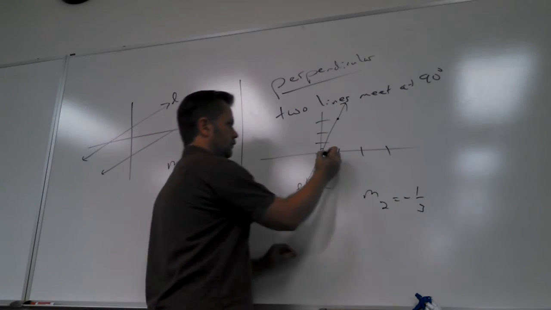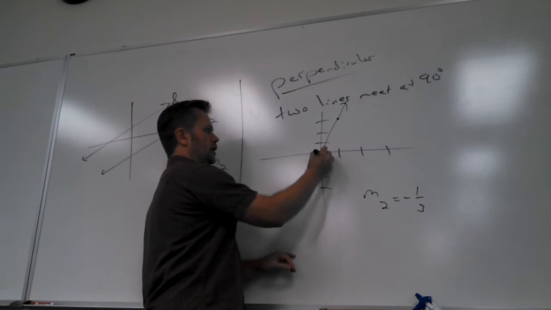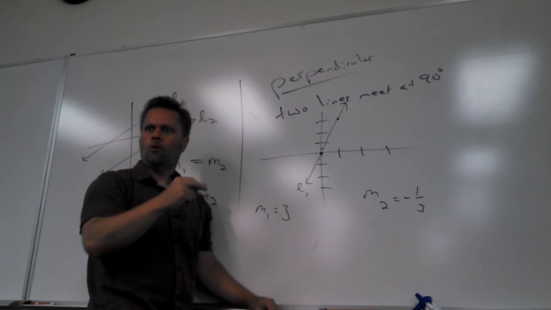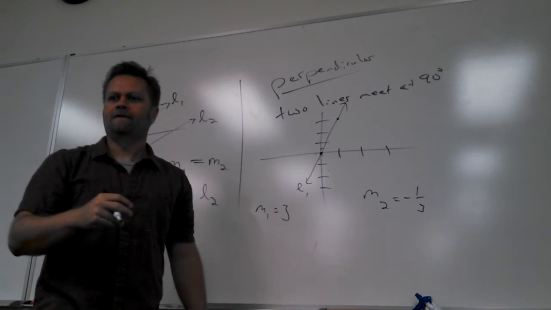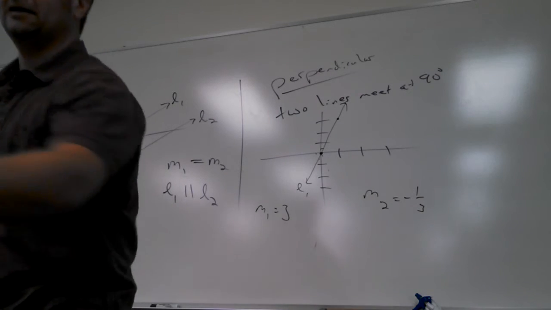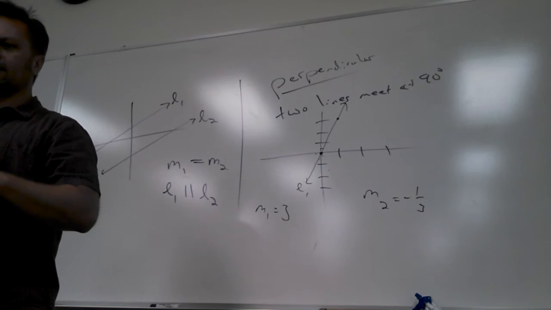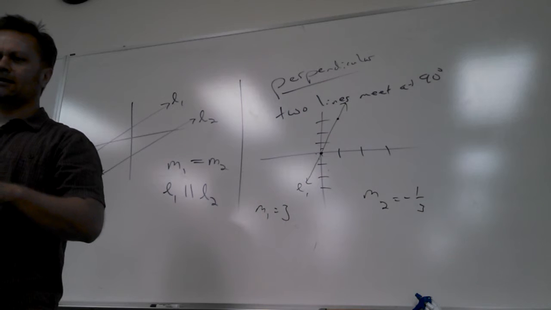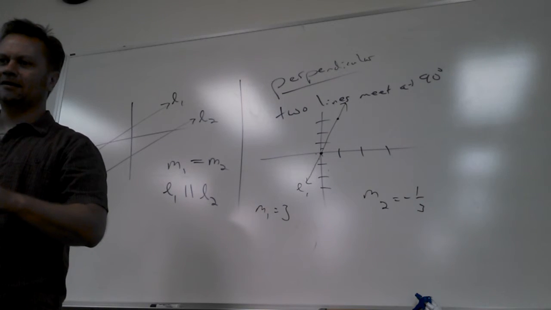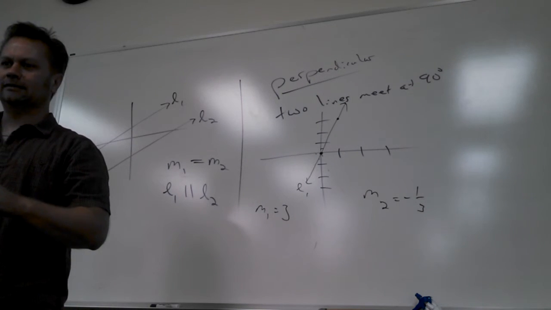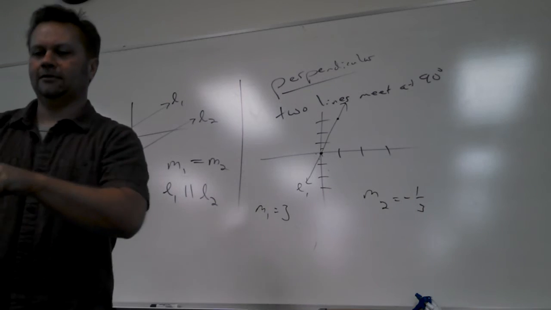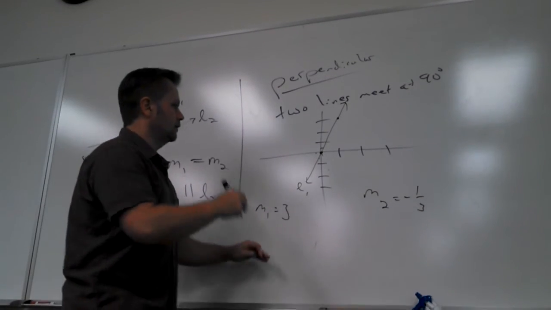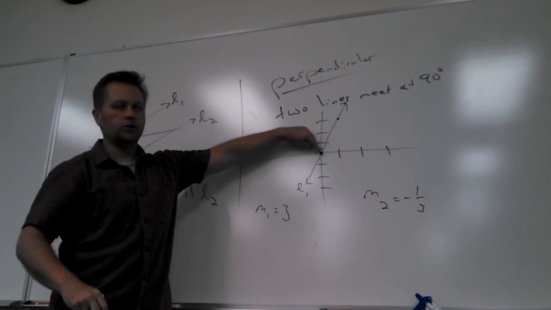Let's see what happens. If I have a -1/3 slope, starting here, I would go down. So from here, where do I go?